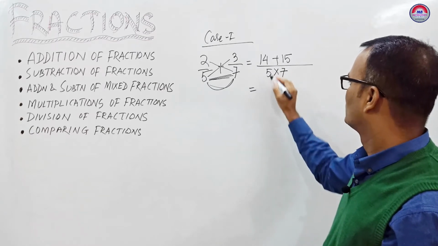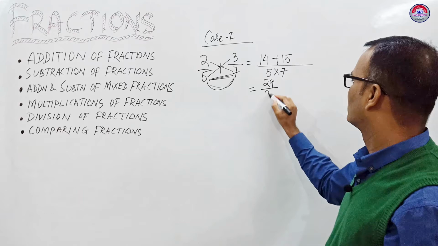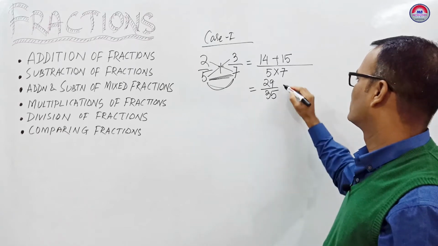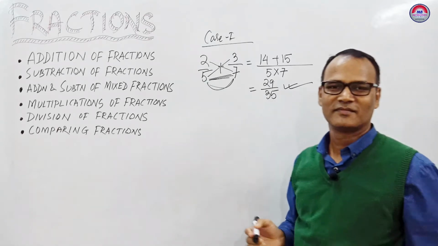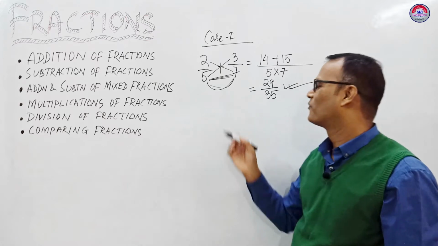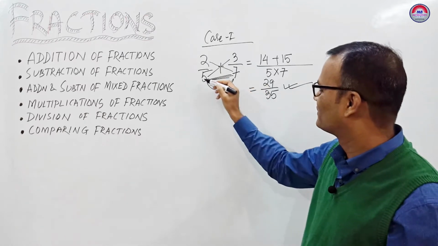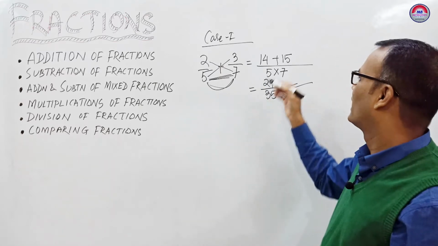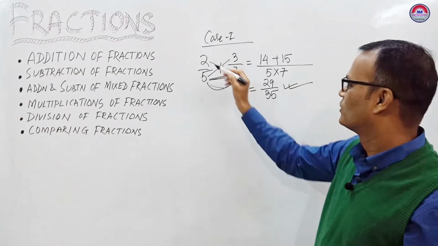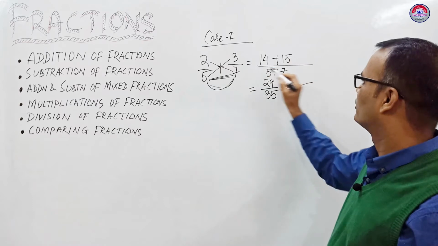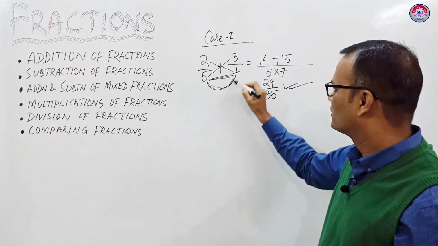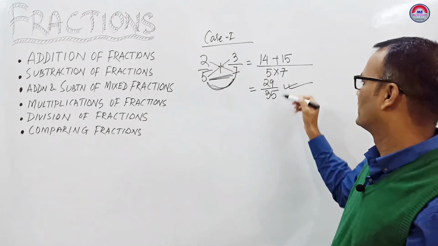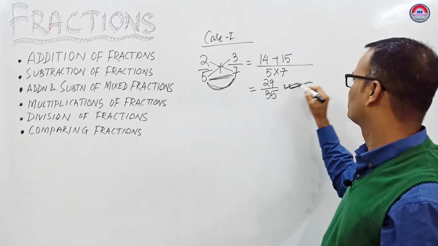So the answer is 29 upon 35. This is very tricky. When the denominators are co-primes, then we apply this formula. First, we cross multiply and add for the numerator and multiply the denominators, and we get the answer.